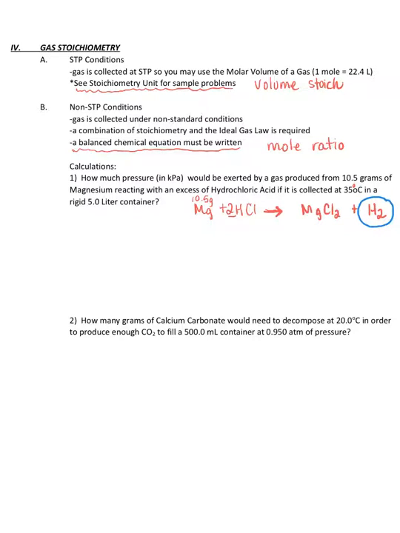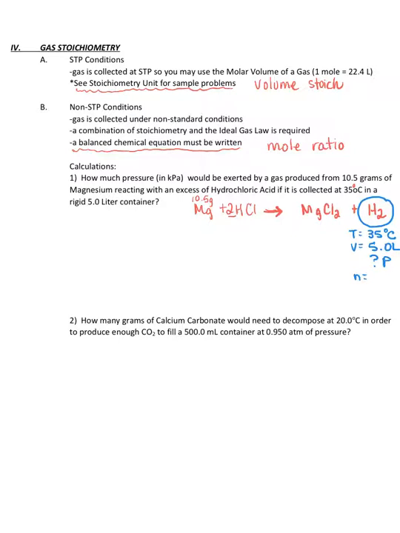They wouldn't be able to ask us this question if both of the products were gases. So it must be that only one of our products is a gas. And so if we're collecting this gas and they tell us that it's at 35 degrees Celsius, in a 5.0 liter rigid container, and they're asking us the pressure of this gas, well, that means we know the T, we know the V, and they're asking us for the P. If they're asking us for the P, that means somehow we must need to know the n.